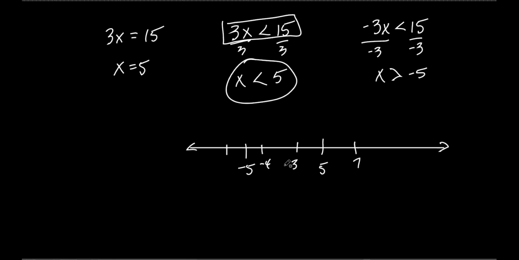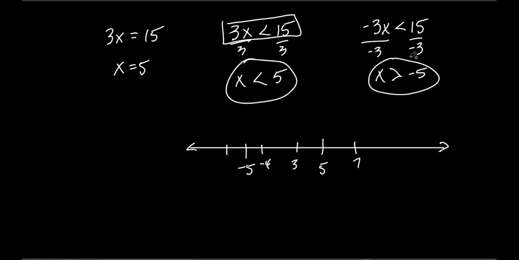You could try a whole bunch of numbers if you wanted to, but that's the rule for inequalities. You work them exactly the way you would if it was an equal sign, with basically one exception. I say basically because it's multiplication and division, but you get the idea. The only time you change the inequality is if you multiply or divide by what?